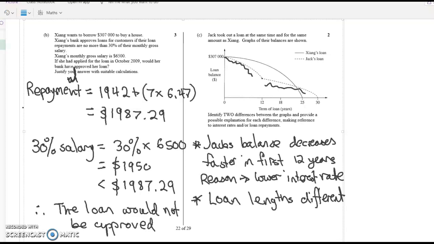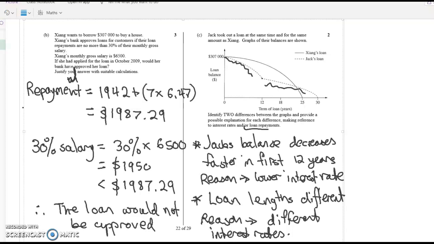So different interest rates between the loans. But you could also mention the loan repayments. There's another thing you could do.